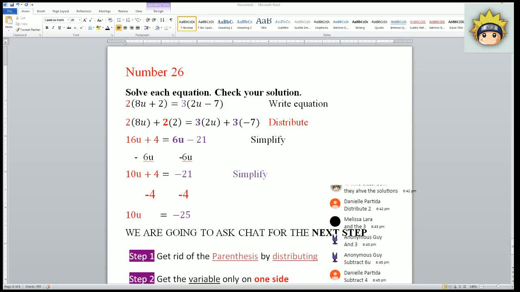Here, let me see if I could pull out a number line. Hopefully this helps you guys out here. I want a really big negative number.